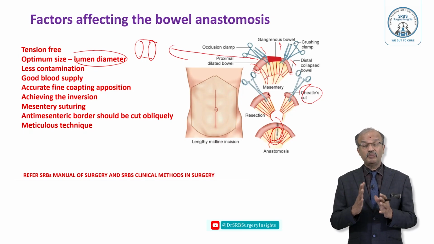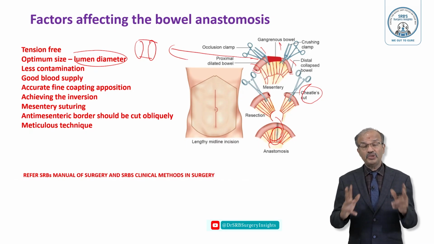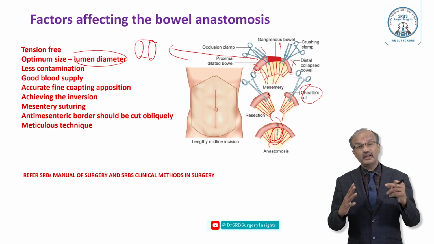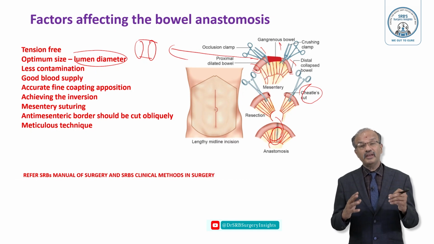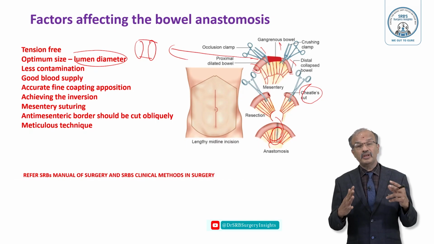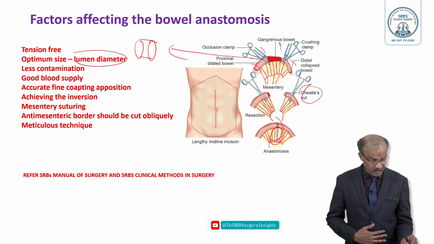Crushing clamps should be placed on the part to be removed. On the part to be retained, you put occlusion clamps where you have to occlude the lumen, and occlude the vessels. When you occlude the lumen, bowel content will not come out. When you occlude the vessels temporarily with soft clamps, oozing will not be there over the field. So that is the important thing, less contamination.